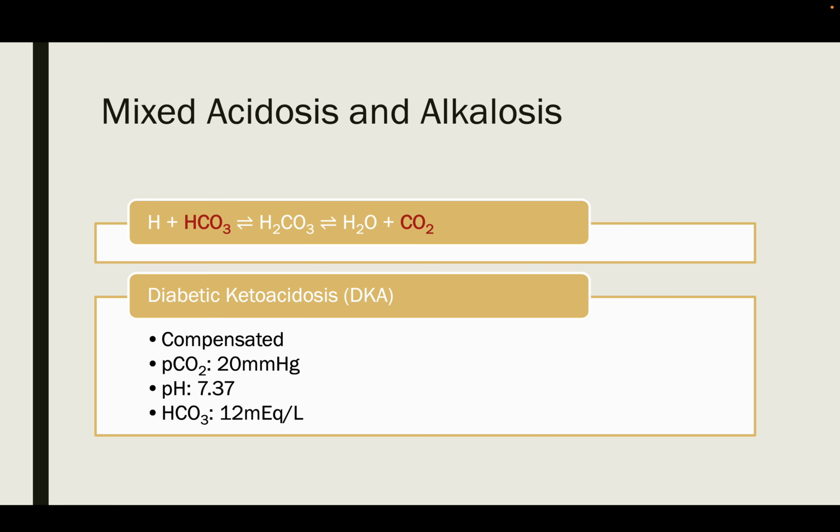So which of the two would make sense with a slightly acidotic pH? So we look at CO2, we look at bicarb. If we look at CO2, CO2 is low. If it's low, pH should be high. We're on an acidotic side of normal. That doesn't make sense. Now we look at bicarb, at HCO3. We see a bicarb of 12. That's far too low. Bicarb and pH move in the same direction, so with a bicarb of 12, that should be acidotic.